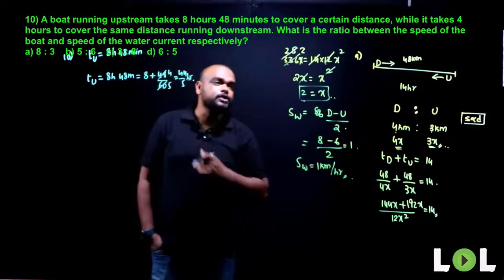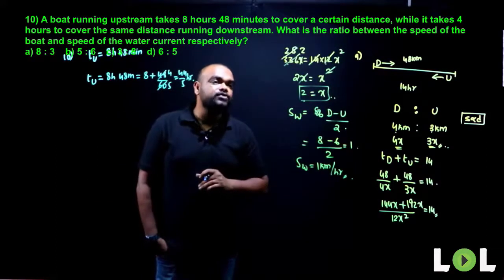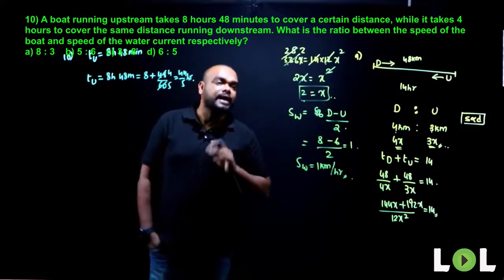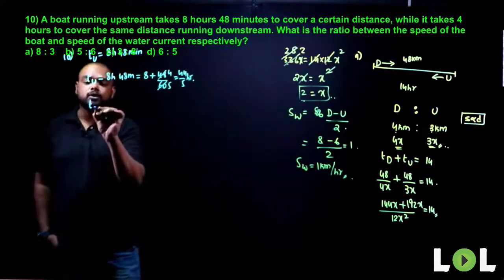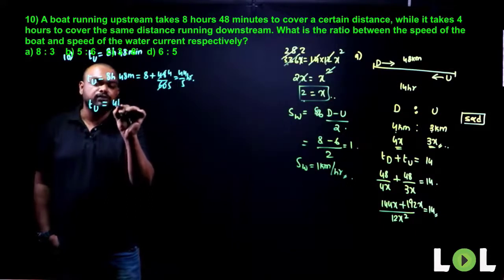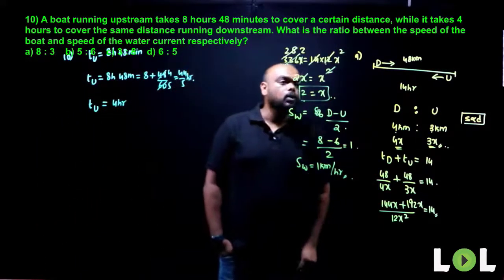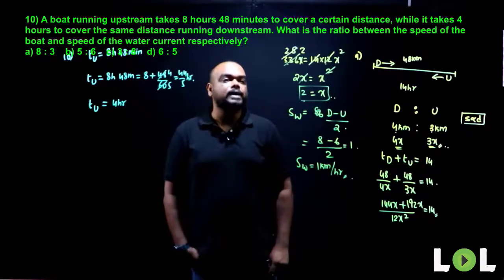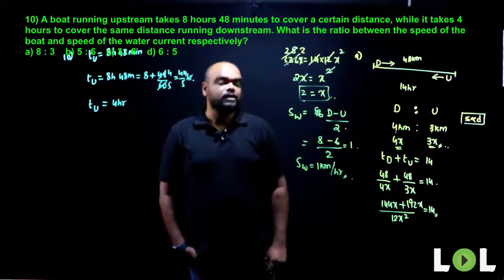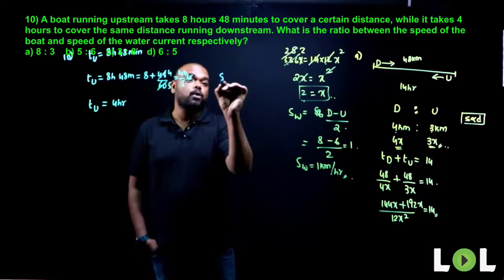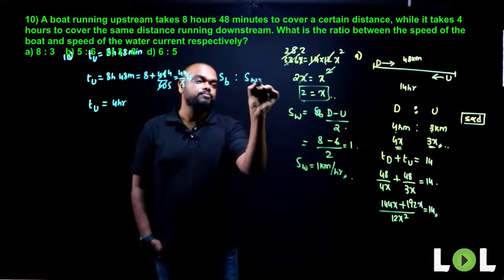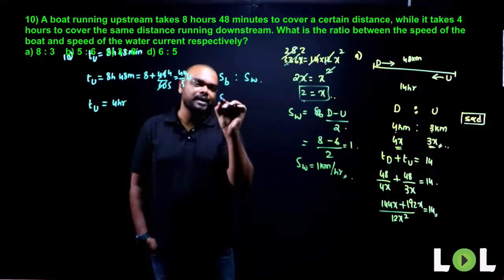Now, what else he told? While it takes 4 hours to cover the same distance running the downstream. So time taken during downstream is only 4 hours. What is the ratio between speed of the boat and the speed of water current respectively? So he is asking speed of the boat is to speed of water current. Recall, I gave you one formula in the beginning.